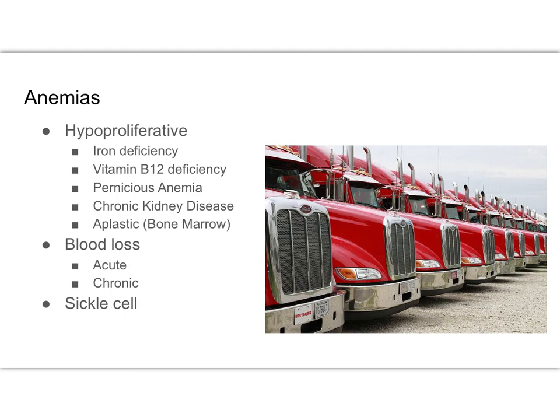But the first one is I'm not making enough cells, or I'm lacking a certain building block. That means I'm not making as many cells, or the cells I'm making don't have as large of a storage space as they would otherwise. Does that make sense? So a big one is iron deficiency.